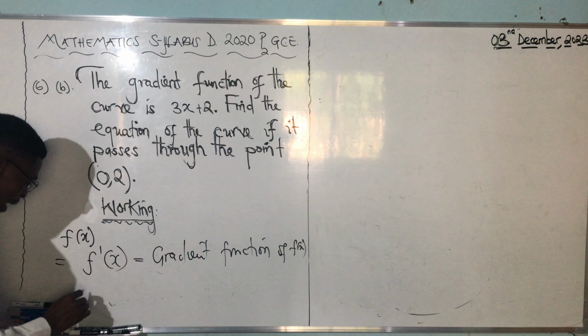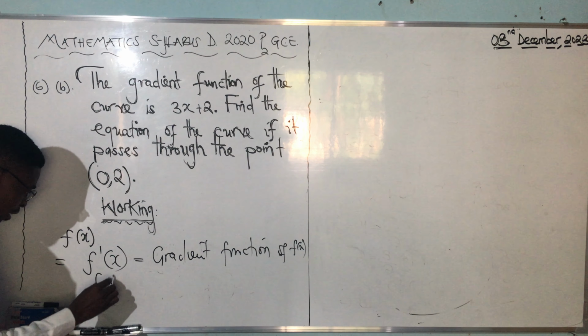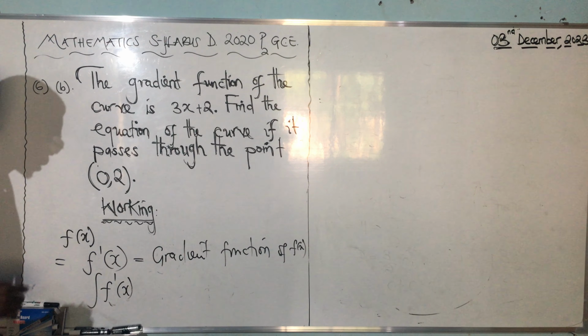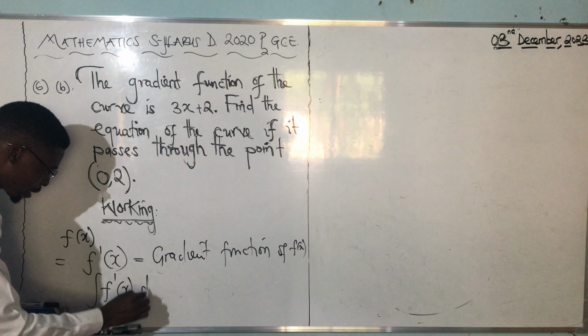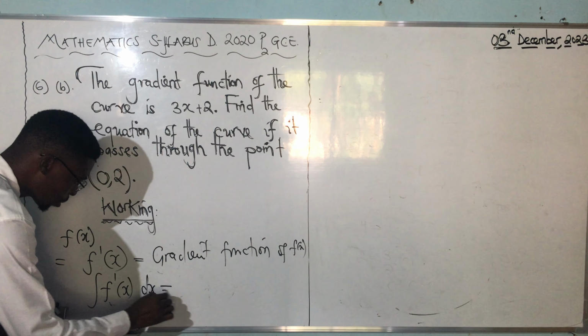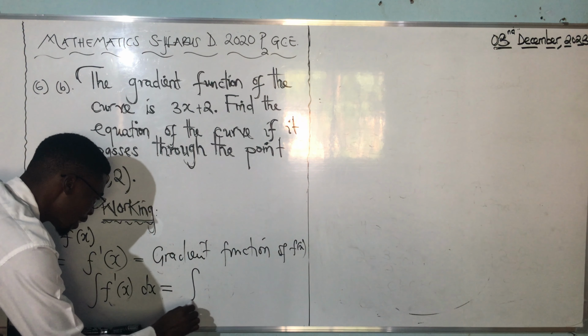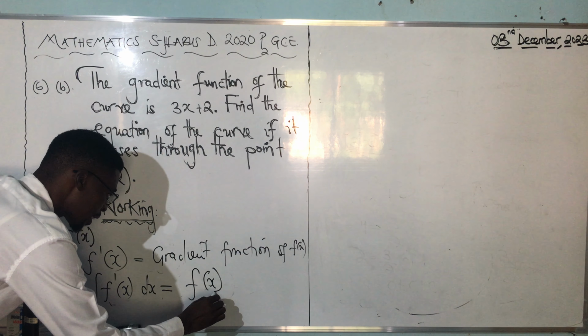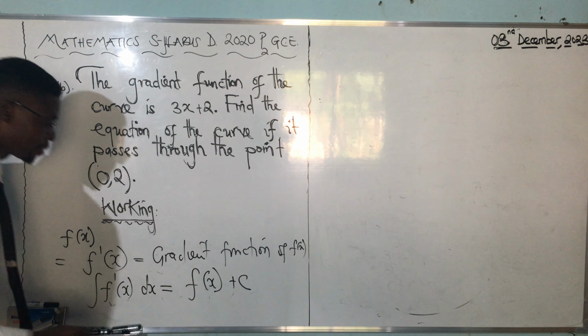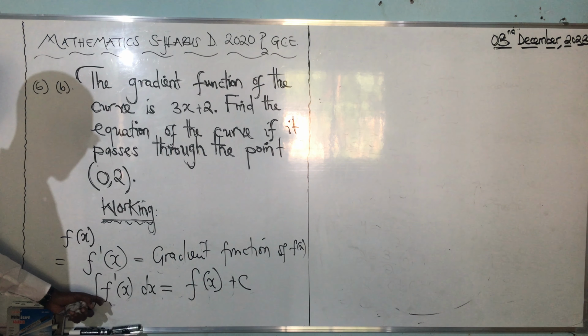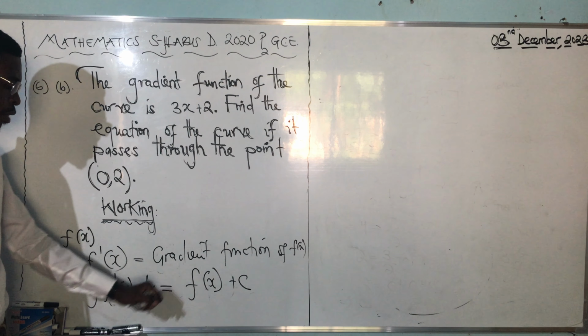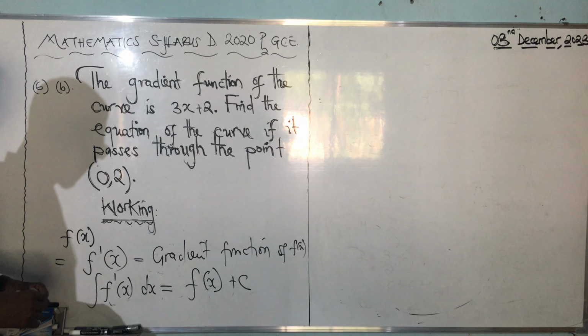But when you integrate f prime of x, the derivative of f of x, with respect to x, you get back the function f of x plus c. So this is one application of integration.